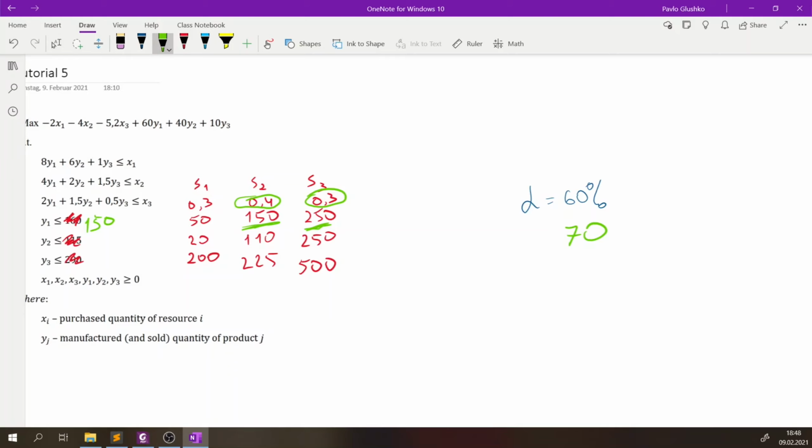For the second product, it's also the smallest for the first scenario and the highest for the third scenario, and the same for the third product. That's why this approach will be the same for the demand of every product, and it means that for every product we choose the demand as the right-hand side of scenario 2. So here it will be 110, and here it would be 125.